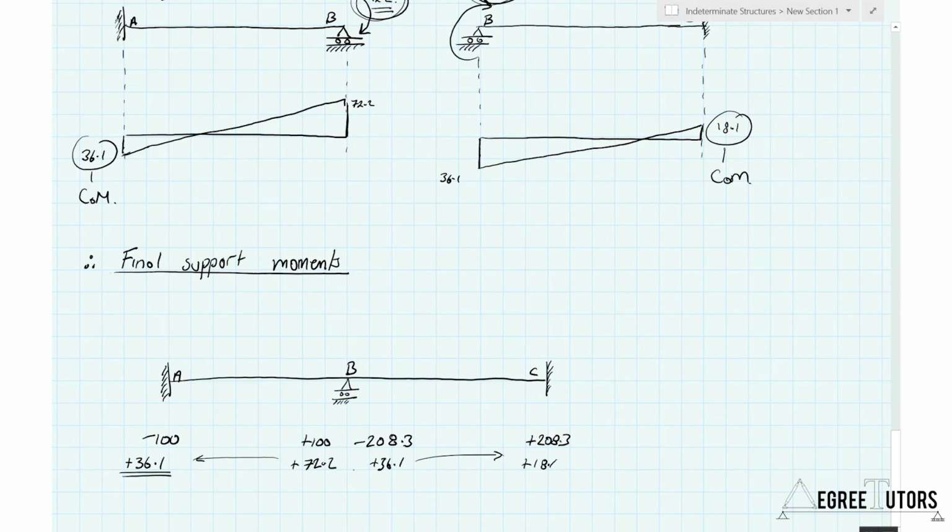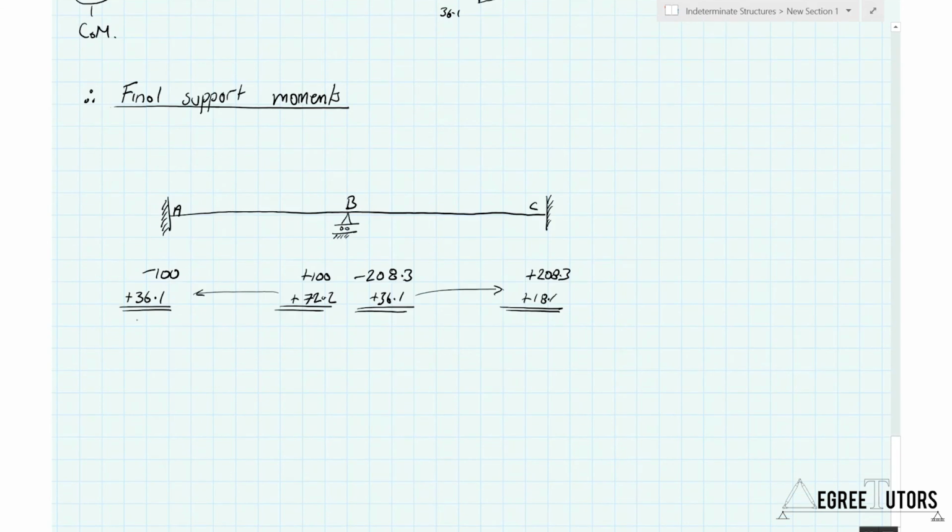The final thing to do is sum up all of the moments at the joints. And we'd end up with an anti-clockwise moment at A, which is what we would expect, a clockwise moment at C, which is what we would expect, and the moments at B are balancing each other, which is exactly what we would expect for this structure. So that is all there is to it.